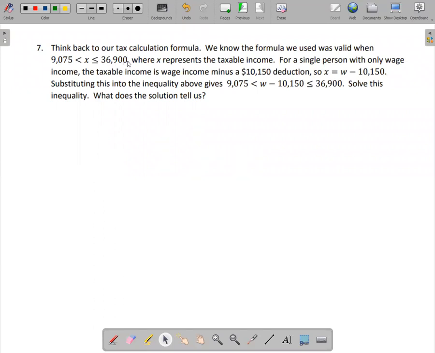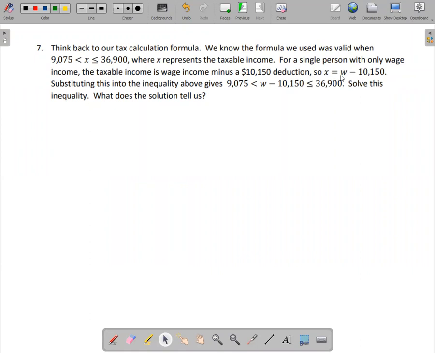We made that calculation the other day in class. For a single person with only wage income, taxable income is wage income minus $10,150. So X, the taxable income, is the wage income minus 10,150. That's for a single person. We did it with a couple, which was minus 20,000 in class the other day.